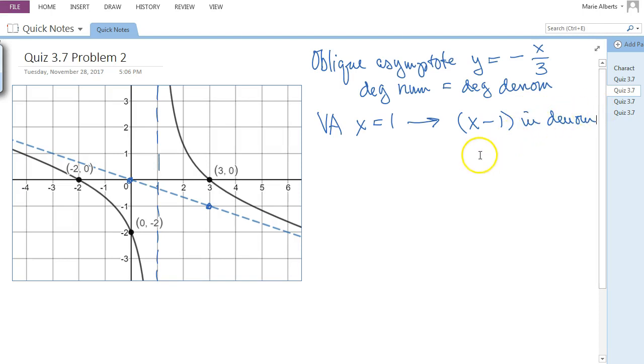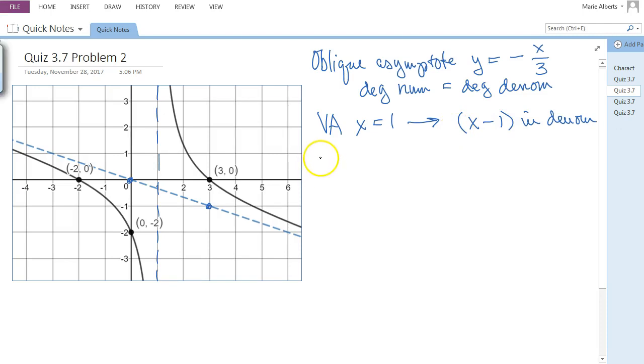Okay, so this is a fairly simple drawing. The fact that we have just the one vertical asymptote and this one known factor in the denominator suggests that all we need is 2 in the numerator.